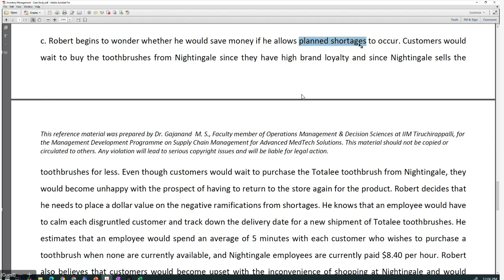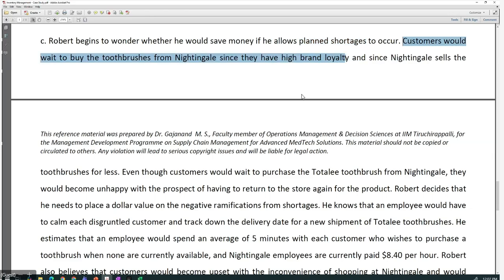So I am consciously making a decision that I am okay with stock out. For part A and part B, what did we assume? I don't want stock out. I want to satisfy all the customers. Now what are we talking about? I am okay with shortages. That is what we call planned shortage.